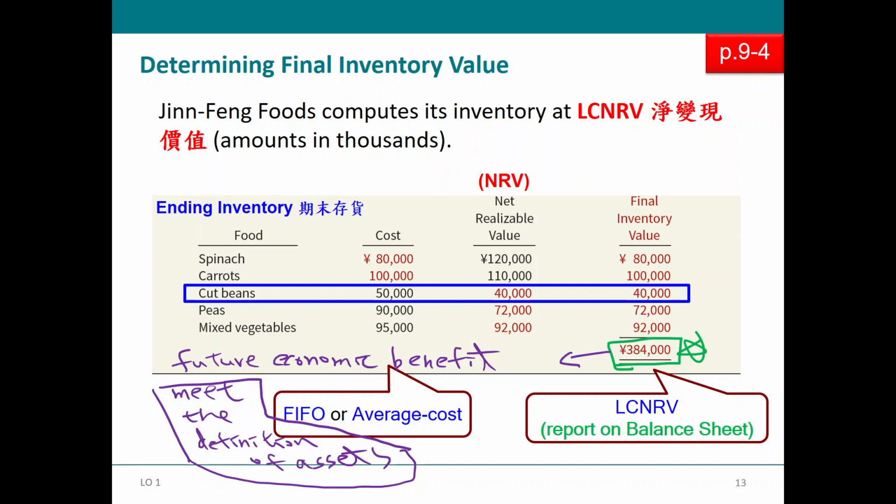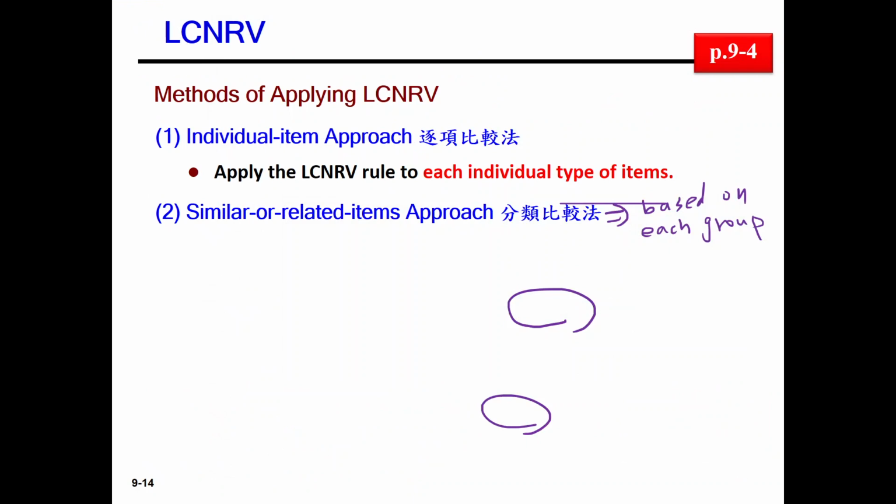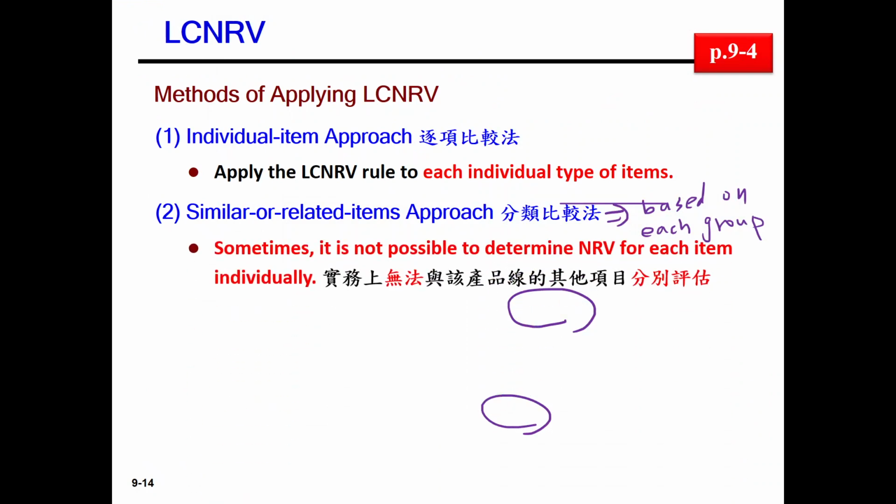Since it's quite hard, then we accept the second way, put them into a group. So that's the reason we have the second one, because it's quite hard to get your NRV, meaning your market value, for each item. NRV is quite similar to your market value. This is the reason.